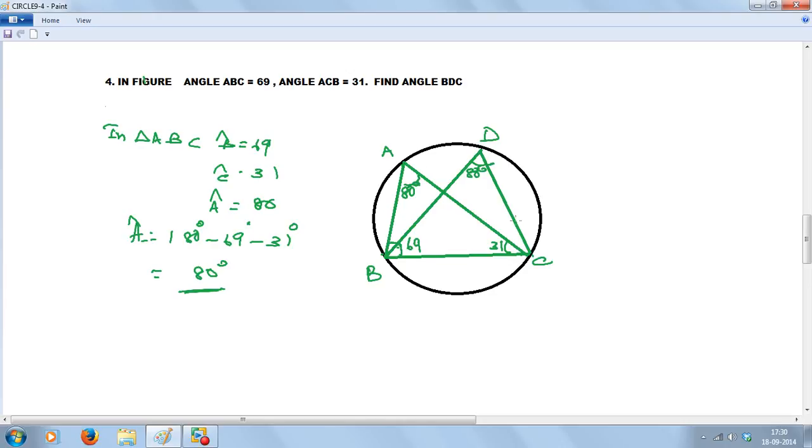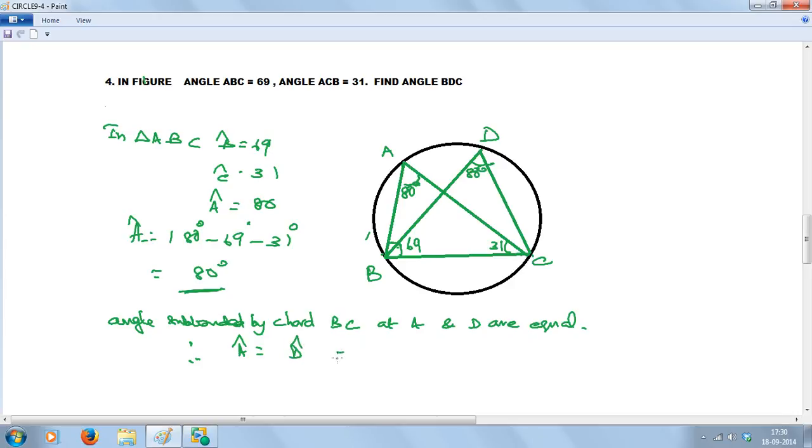Therefore, the angles subtended by chord BC at A and D are equal by the theorem. Therefore, angle A is equal to angle D, equal to 80 degrees. This is the answer.